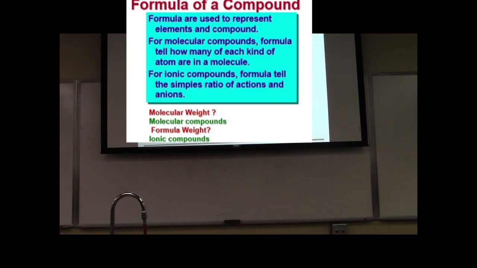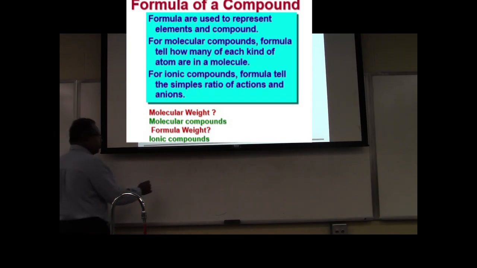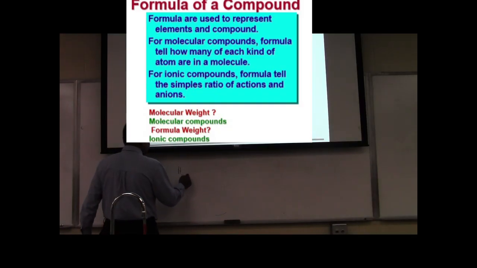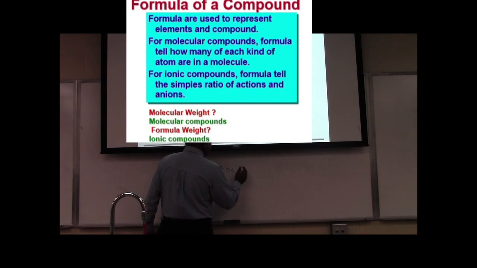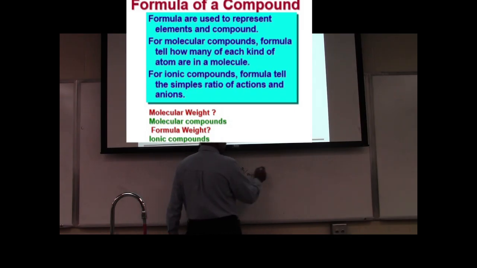What is a molecular weight? Give me an example. Pick one molecular compound, then tell me what the molecular weight is. Let's pick water. What is the molecular weight? How do I get 18.02?